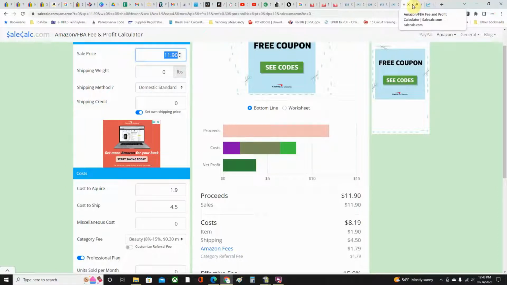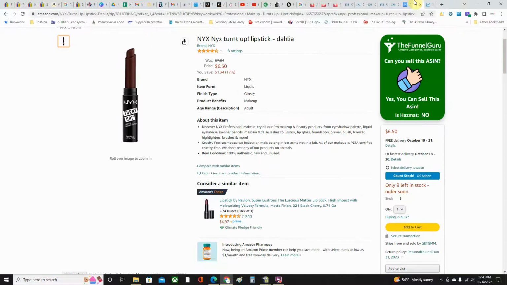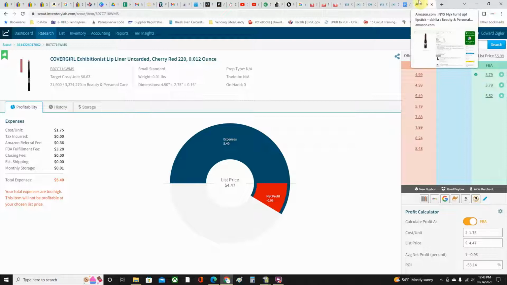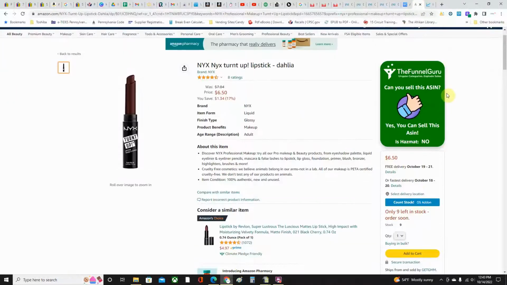Sometimes I just scan it with my phone and look at it that way, but if I'm trying to source an item from a website, I only kind of scan with my phone when I get a liquidation pallet and I'm scanning stuff that way. But if I'm trying to source stuff particularly for Amazon from a website, then I'm definitely going to use these 3 tools to find out if those items are profitable or not.